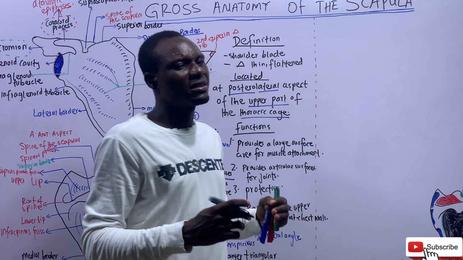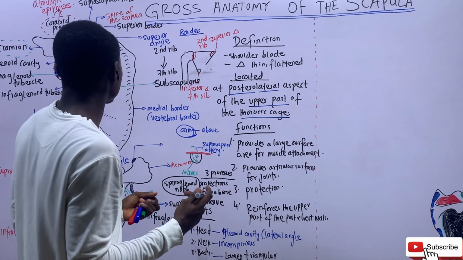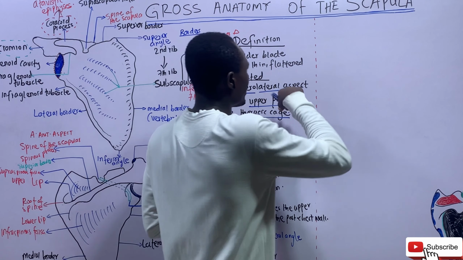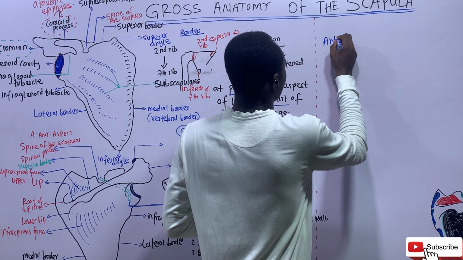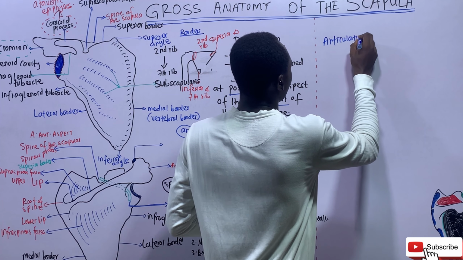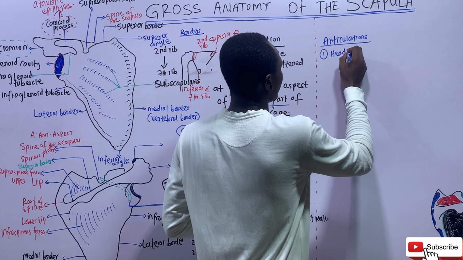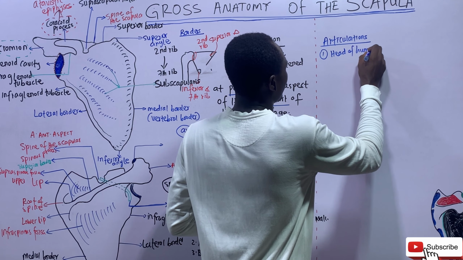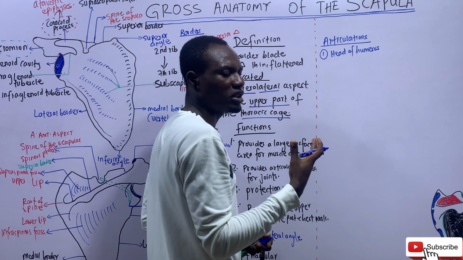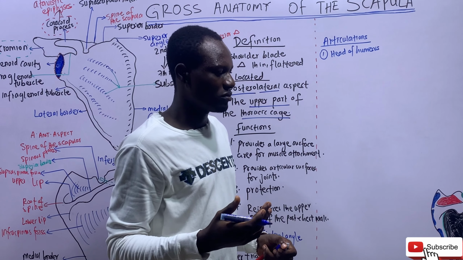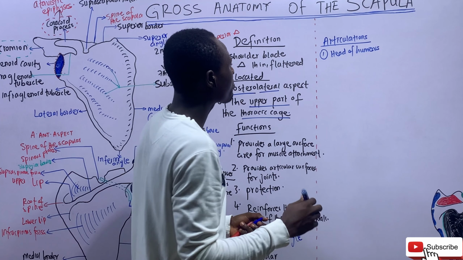Alright, the next is the articulations of the scapula. So what are the articulations of the scapula? Okay, first, the scapula articulates with the head of humerus and forms a joint known as the glenohumeral joint or the shoulder joint, the most unstable joint in the body.